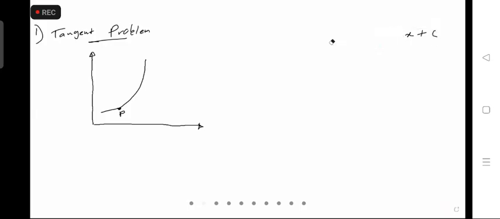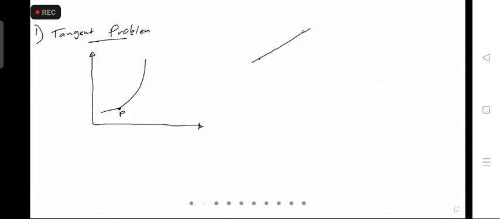Now let's understand how to solve it. I will ask some questions. If you need to define a line, you need to find the equation of the line.